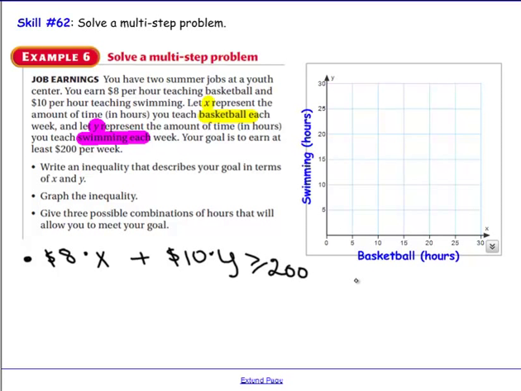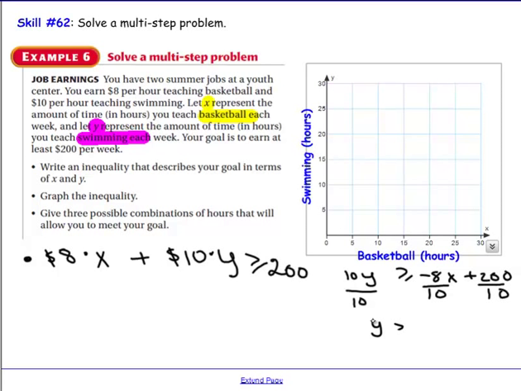So what I'm going to do here is rearrange and get the y by itself. So 10y, if I subtract 8x from both sides, I get 10y is greater than or equal to negative 8x plus 200. And then I'm going to divide everything by 10.